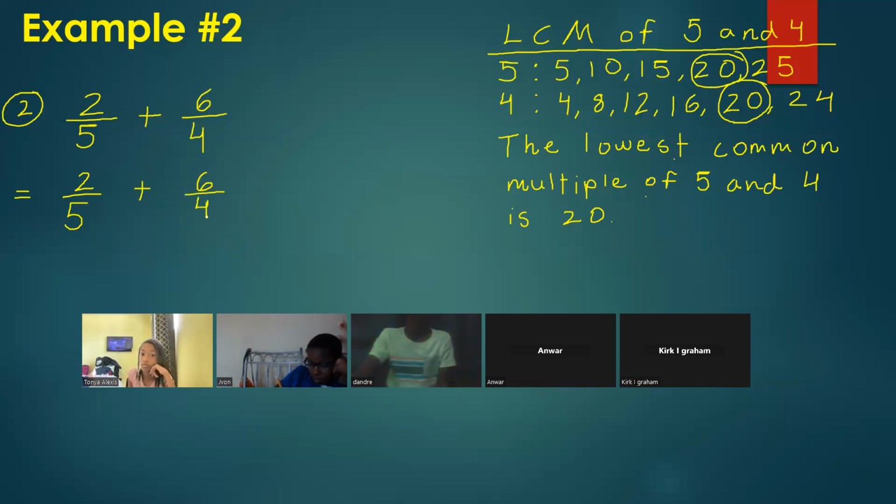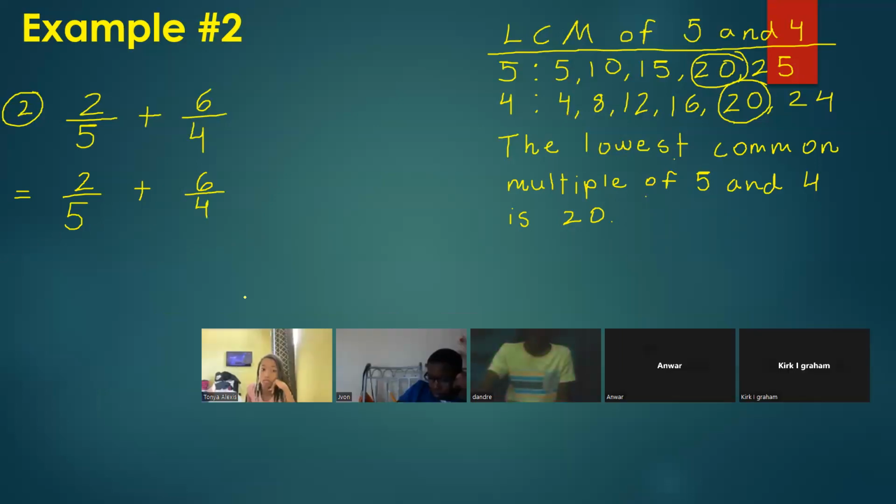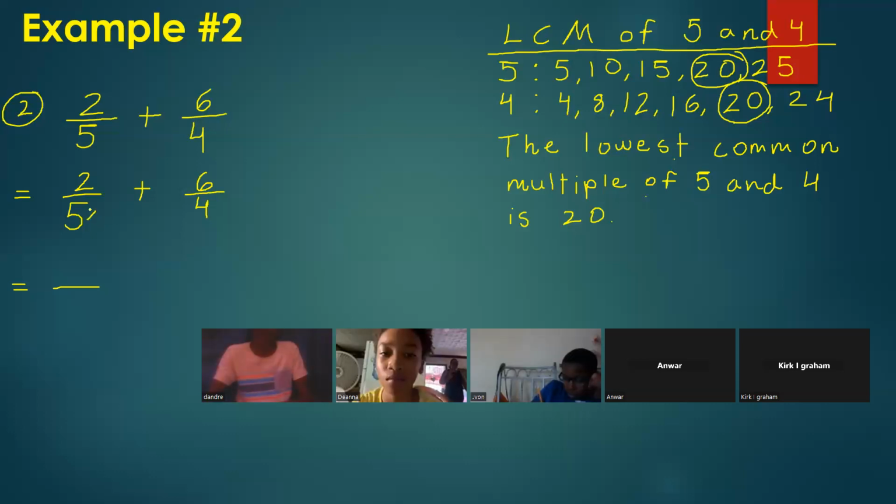What are we gonna multiply 5 by? 4. Very good. Because what number are we trying to get? 20. Very good, we're trying to get 20.